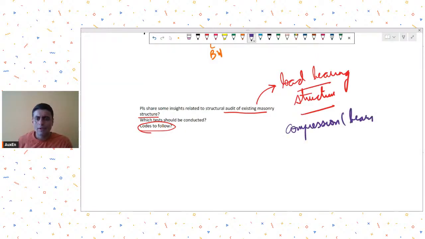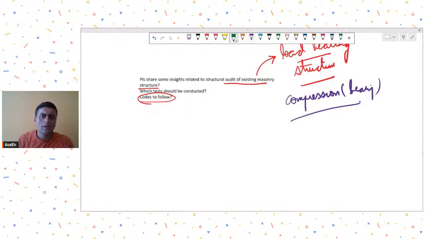So if you have to do a test, you have to somehow ensure that the compression capacity of your load bearing wall is intact, it is proper. For that, to check the load bearing capacity, I don't see any possibility of cutting a core from a brick sample, right? It's not concrete that you cut a core and take it to the lab and test it over there.